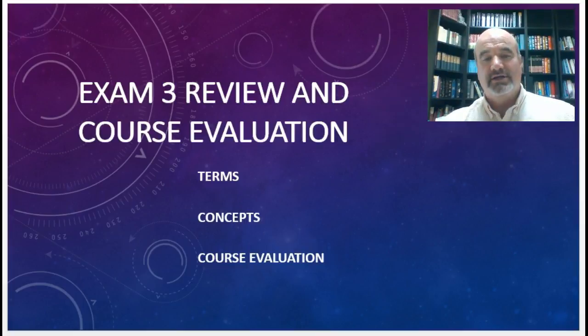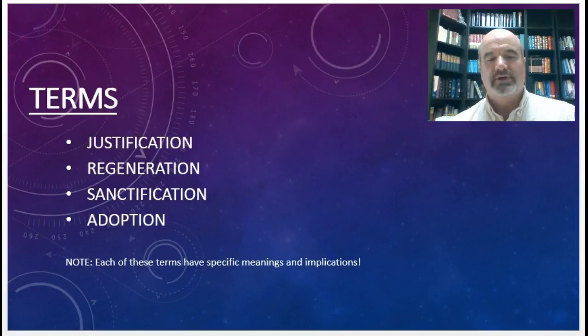So let's talk through some of the things you need to make certain you've nailed down for the third and final exam for our CST 302 class, and some important terms that you need to know. And I want you to be careful of the note at the bottom of this slide. Each of these terms have specific meanings and implications.